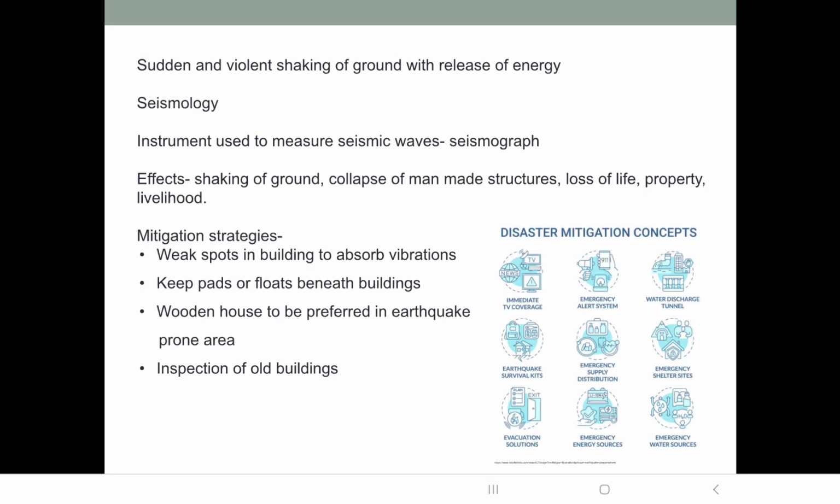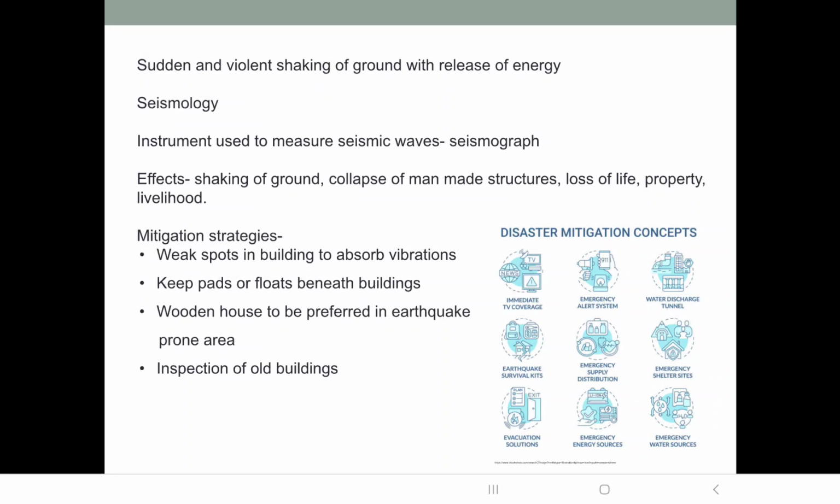Then sometimes their body parts get damaged. Sometimes they lose a leg or a hand, and they cannot work, so they become completely dependent on other people. So this is again an effect of earthquake.